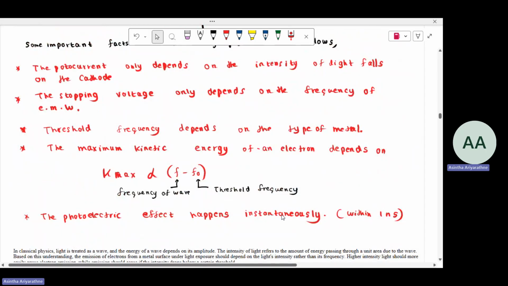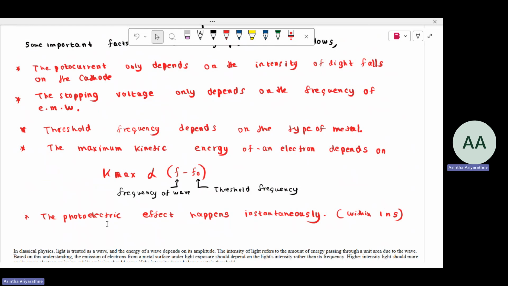Normally electrons are emitted by breaking the interatomic bonds between the nuclei and the electron.